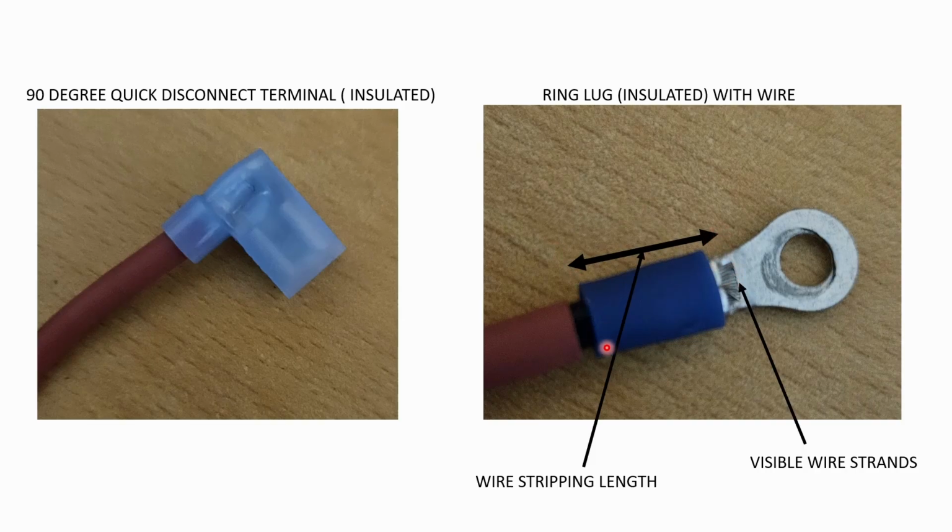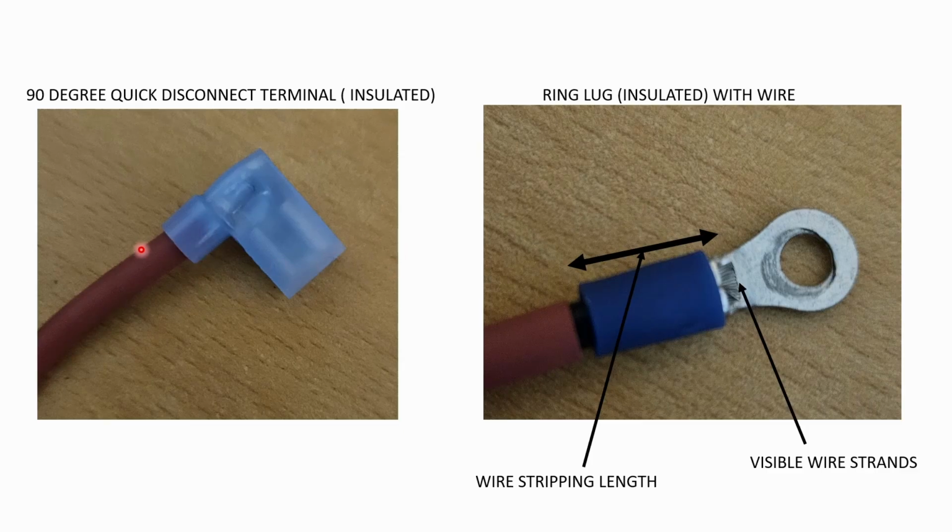This area needs to be stripped before inserting into the ring lug, and after crimping and application of force onto this area with a crimping tool, the visible strands are shown here. So whenever force is applied onto this part of the lug with wire, then the wire gets crimped through these lugs, and it is ready for its application.